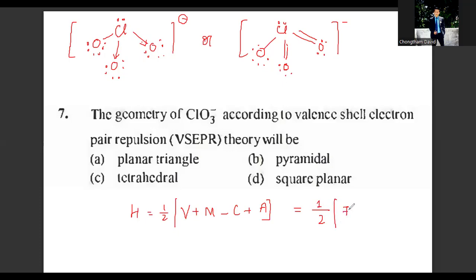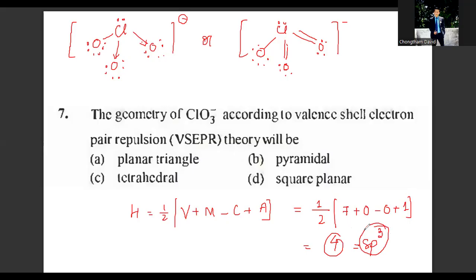There are 7 electrons. There is no monovalent atom, that is, an atom which has 1 valency. Cation charge is absent and there is 1 anion charge. So if you calculate, you get 4. This corresponds to sp3 hybridization. I hope it is clear.